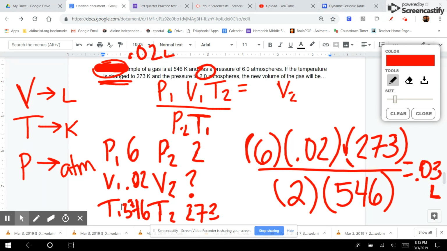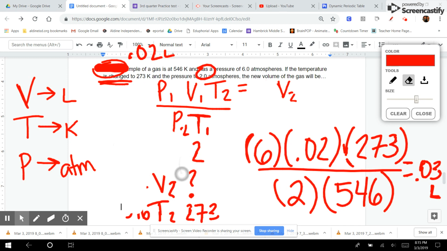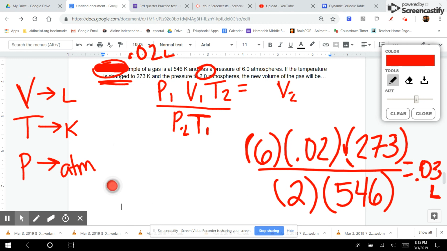The question asks for it in milliliters. So what you're going to do is, let me make some space for you right here. If my answer is in liters, and they're asking me milliliters, then I just need to convert it back into milliliters.